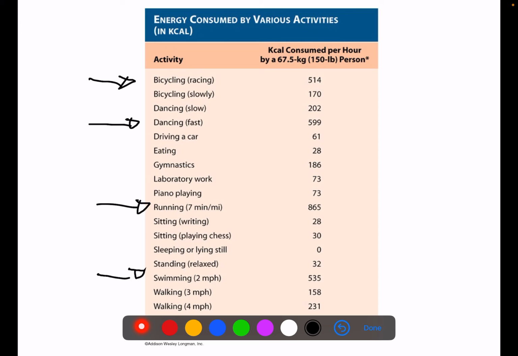So if you're ever interested in burning a lot of calories and experiencing a little bit of a deficit in your calories, in other words, if you're taking in fewer calories than you're actually burning so that you can lose weight, the idea is you really want to do one of these exercises that I've just put an arrow to. Those are the ones that are going to get you a lot of energy burnt, and you're going to operate at a deficit and shed the weight.